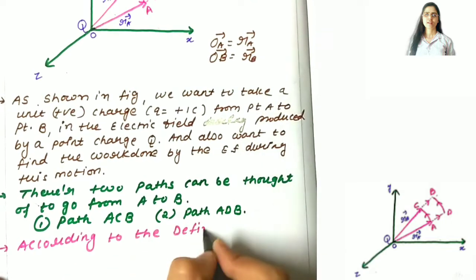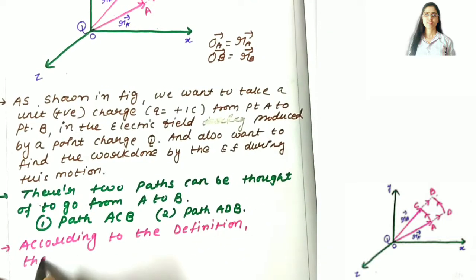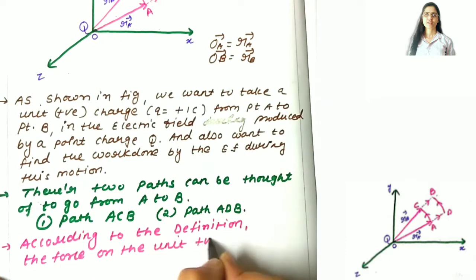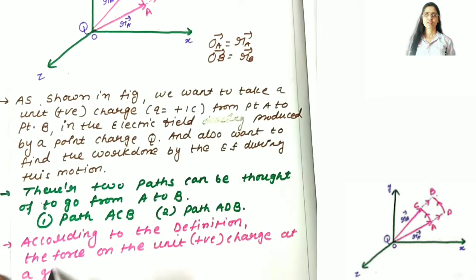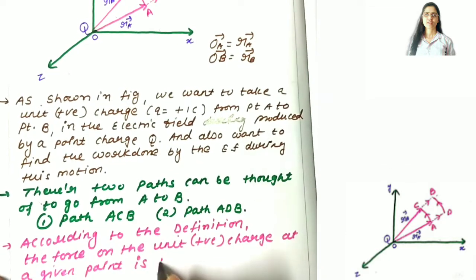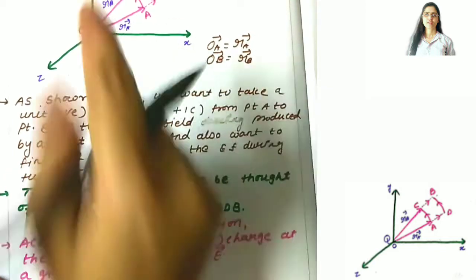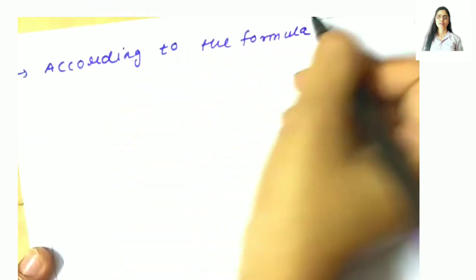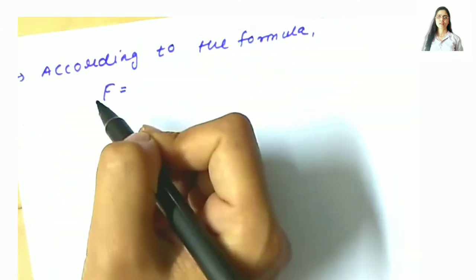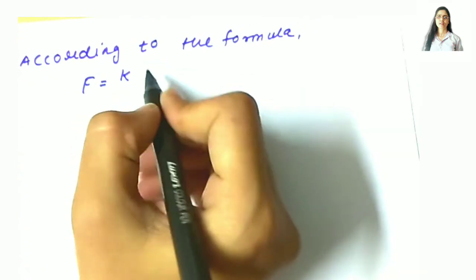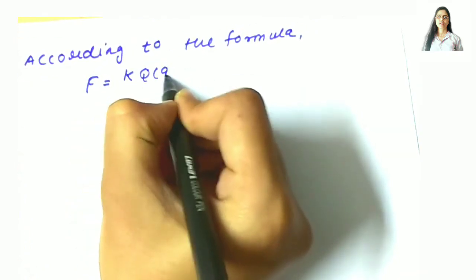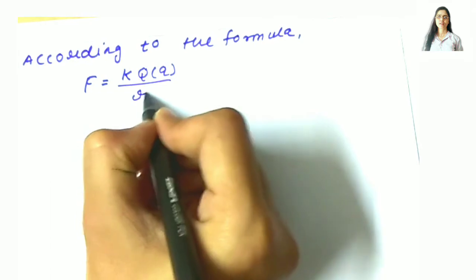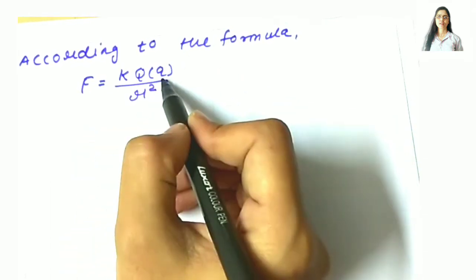Now, according to the definition, the force on the unit positive charge at a given point is the electric field vector E at that point. Now we use Coulomb's force formula. According to the formula, F is equal to K into big Q into small q divided by R square.